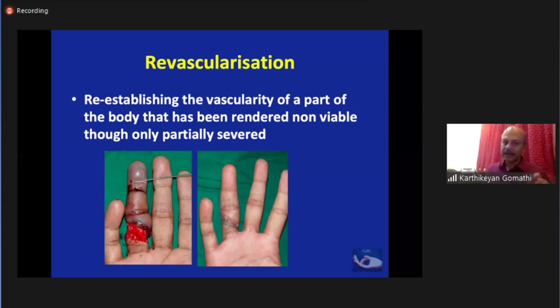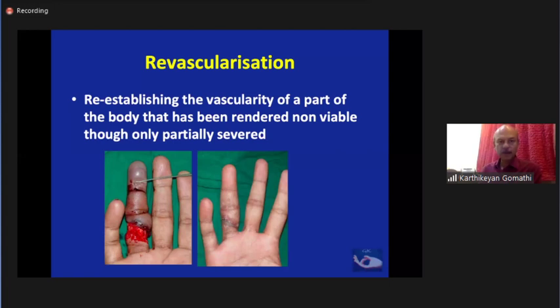Revascularization is another term, re-establishing the vascularity of a part of the body that has been rendered non-viable, though only partially severed. In this sort of amputation, some amount of skin or some tendons may be attached. Whatever it is, it is not completely amputated, but it is not viable. So it has to be made viable by the same procedure that we're going to use for replantation.